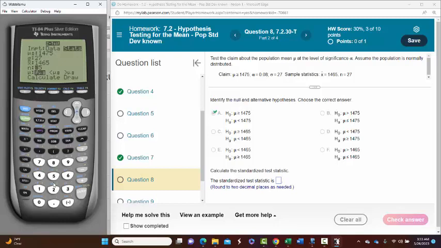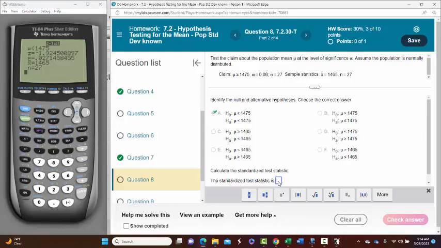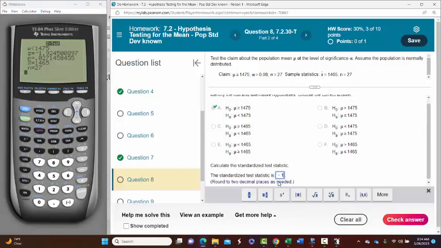N is 27. Now this is a left-tailed test, less than, so we have to highlight the middle one. Let's put in our test statistic, 2 decimals, so negative 1.92.